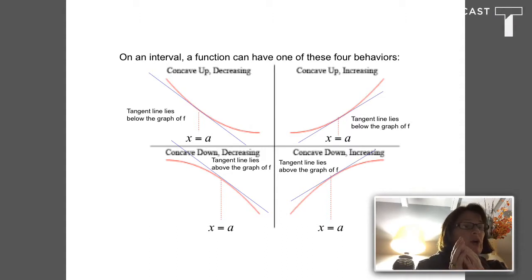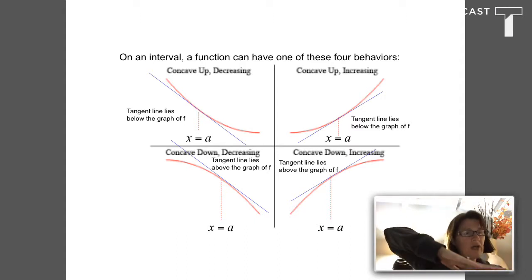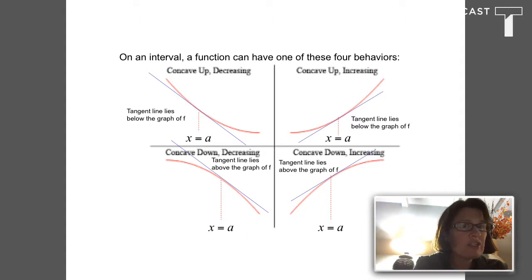For functions that are concave up, like the top two functions here on this slide, the tangent line is always below the actual curve. It touches exactly at the point of tangency, and then everywhere else it lies under the curve.